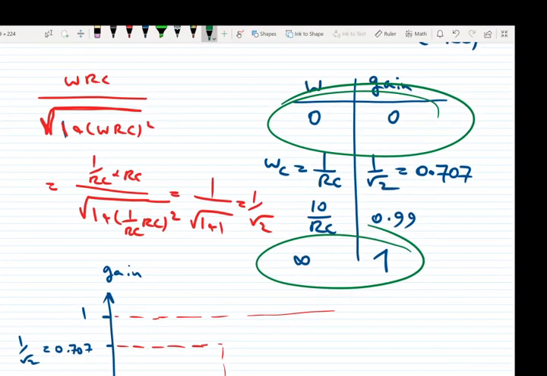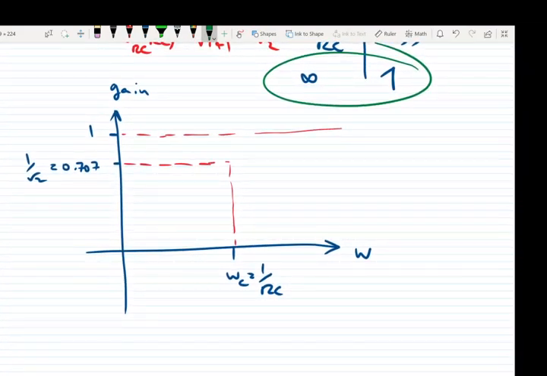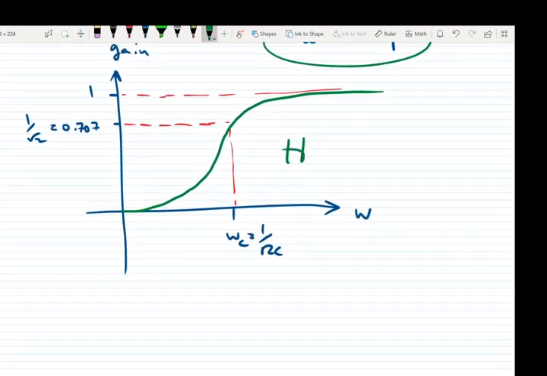For frequency of infinity, gain is 1. So this one is the frequency response. What kind of filter is this? It's a high pass filter. Okay, so this one is a high pass filter.